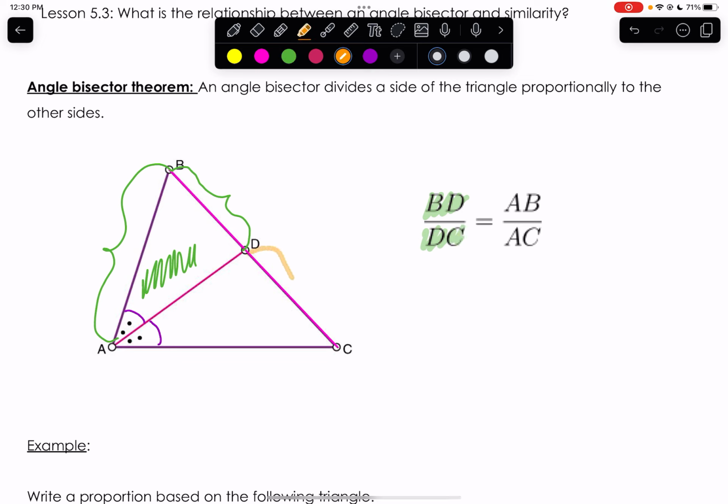So we have two different triangles. Basically the angle bisector creates the two triangles such that the ratio of sides 1 and 2 of this triangle is the same as the ratio of sides 1 and 2 in this triangle.